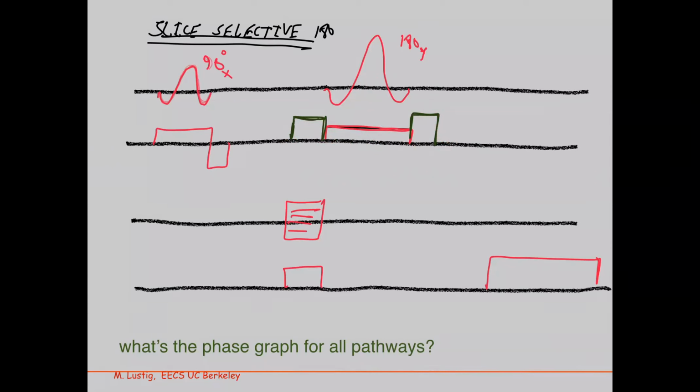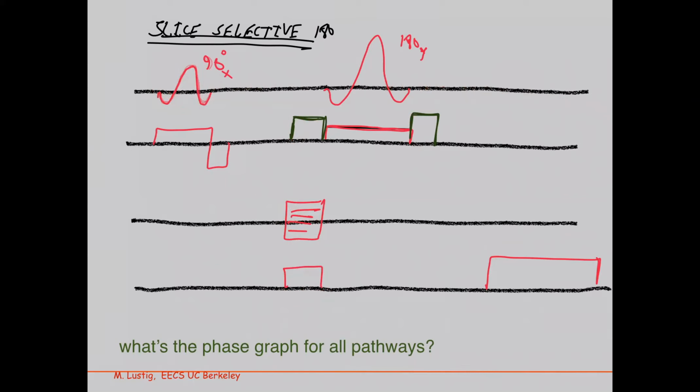Okay. Now, this doesn't make sense. This makes sense. This makes sense, right? And this makes sense. These not necessarily make sense. So let's try to track the phase graph of the pathway of whatever's been excited here, where it goes through.